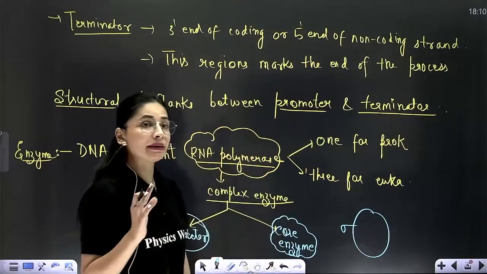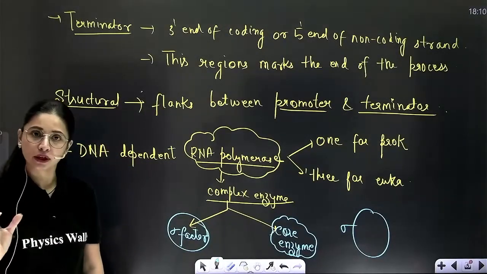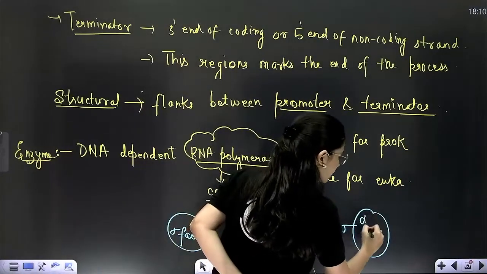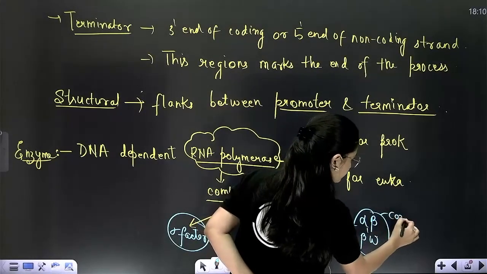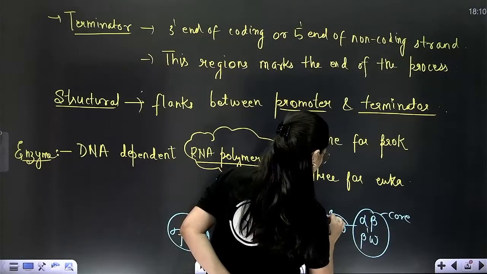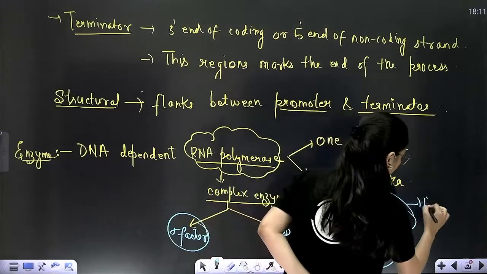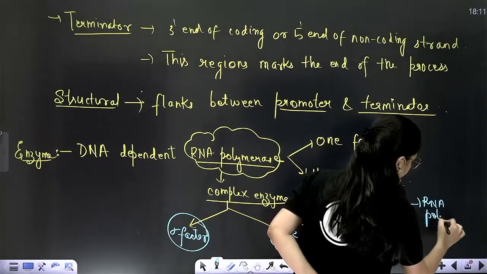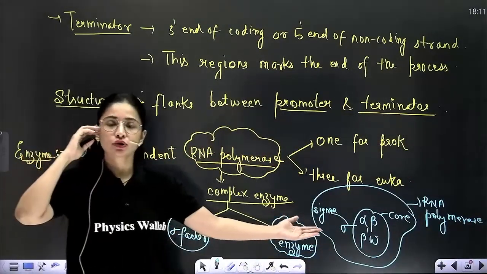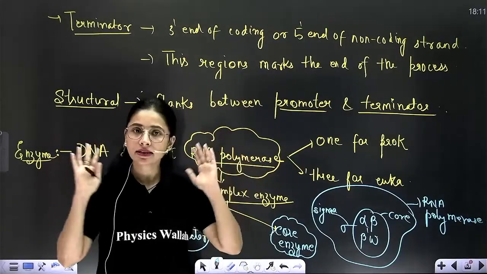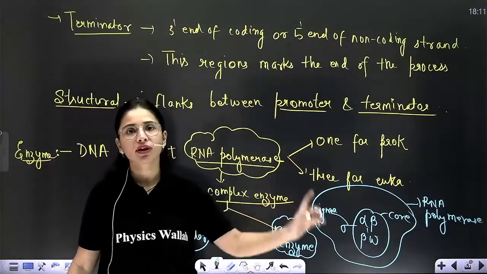This core enzyme is again made up of 4 more components. Each component of the core enzyme has its own specific role to play. The core enzyme is made up of alpha, beta, beta dash and omega. So this is core and this is sigma. Both these components together form the RNA polymerase enzyme, which helps in the process of transcription of the transcription unit.